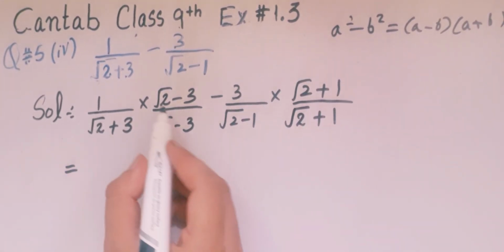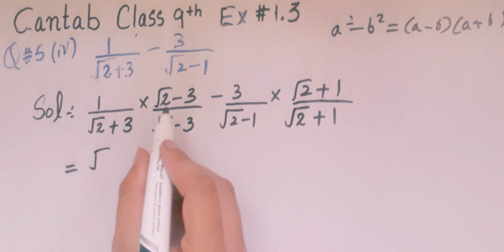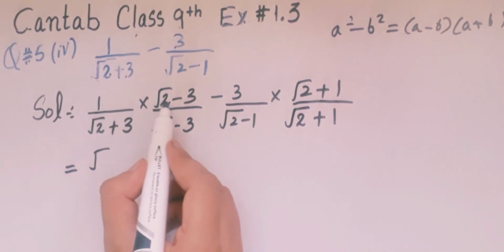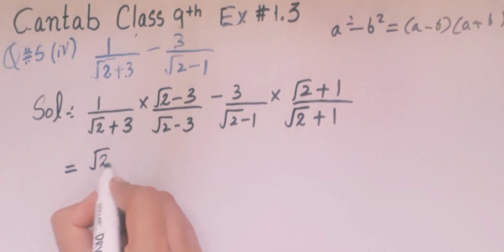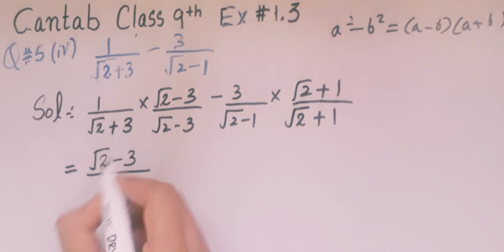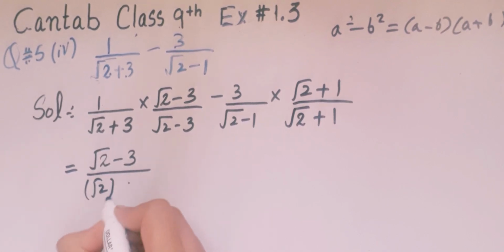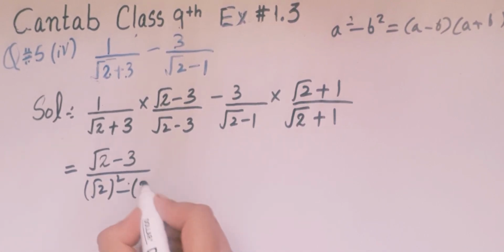We have 1 multiply by square root of 2 minus 3, square root of 2 minus 3 by square root of 2 square minus 3 square.